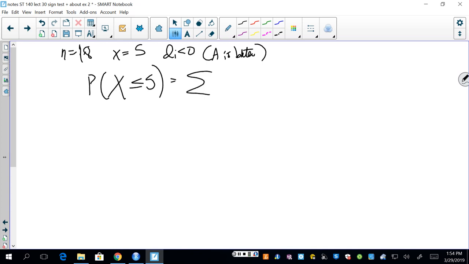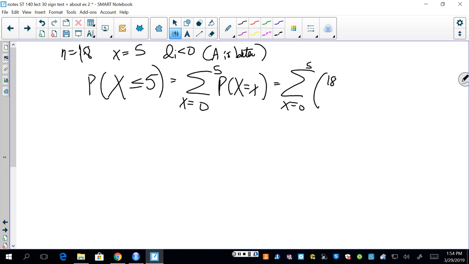So what was done here is sort of taking the numbers 0 to 5 and calculating the probability that we have that number. And it's actually the binomial formula. There's 18 choose X. And P is 1/2, so it's 1/2 to the 18 all the time. But that ends up being 0.048. So we actually get a probability right there.